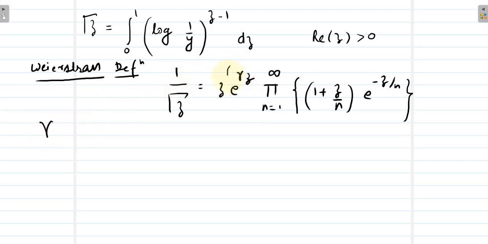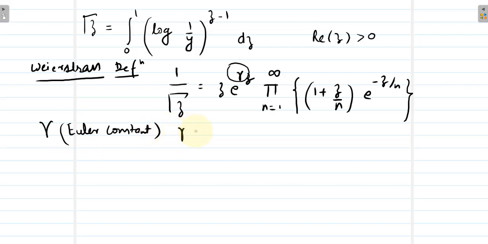This term, small gamma, is a very important constant, and this constant is called Euler constant. What is the definition or what is the value of this Euler constant?